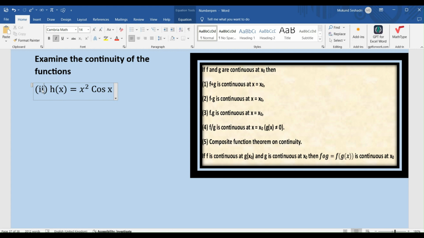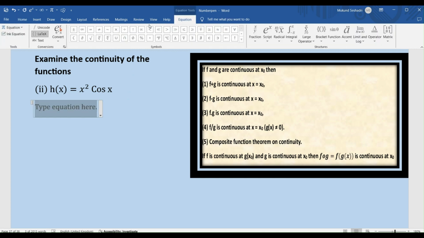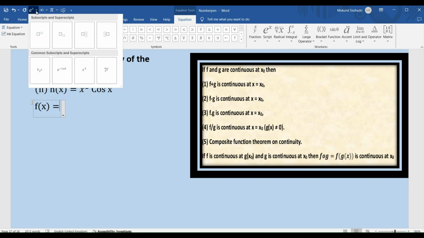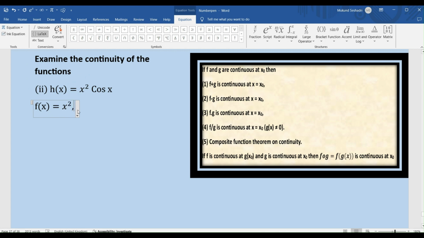And so let us write down what our f and g are in this case. It seems like it is a product of two very basic functions, and so we'll have to identify what those basic functions are. So let's write them down. f of x equals x square, and g of x equals cos x, right?